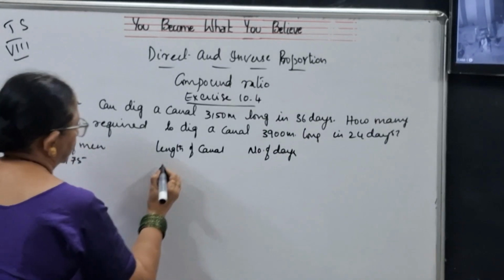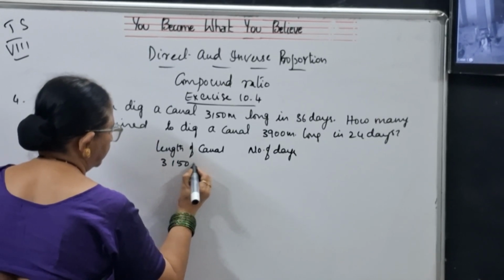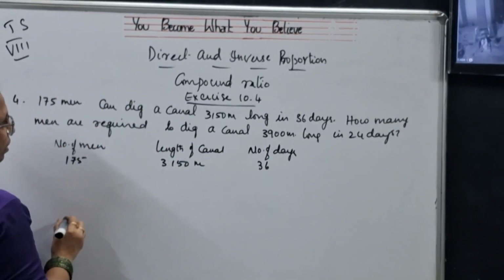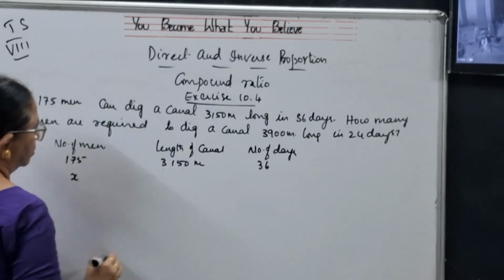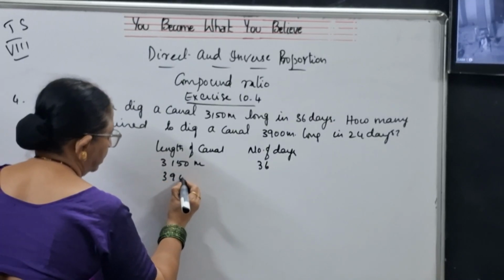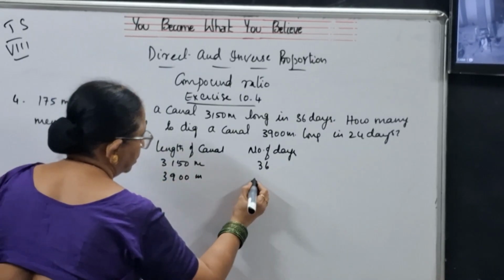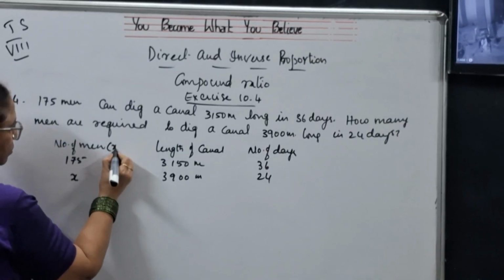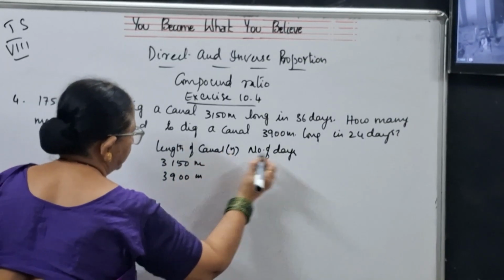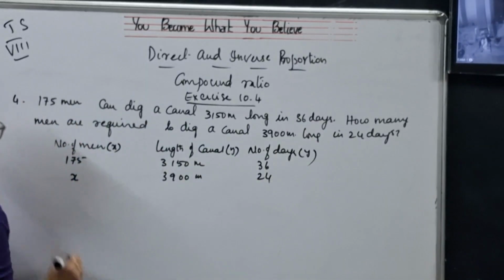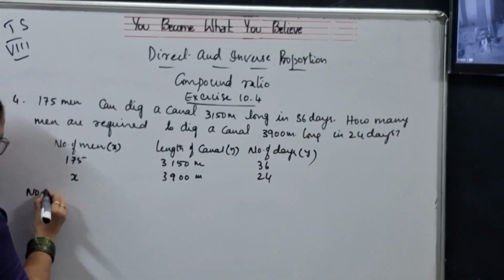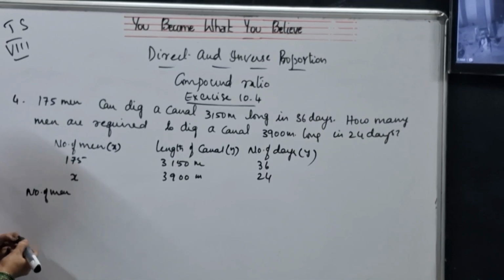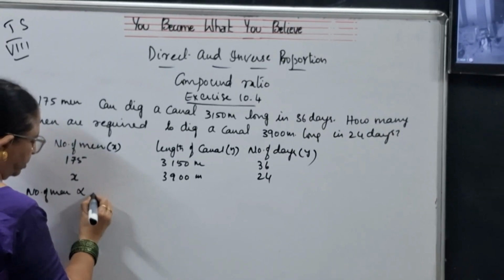175 men can dig 3,150 meters long in 36 days. How many men? Men x. 3,900 meters long canal in 24 days. So here x is there. So this is x. This is y. This is y. So number of men and length of the canal, they are directly proportional.